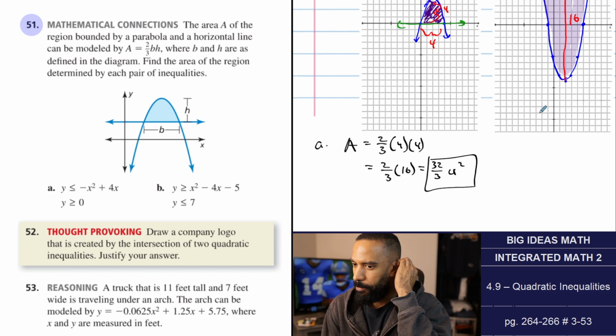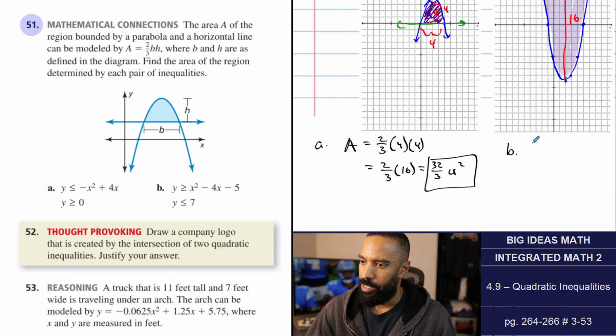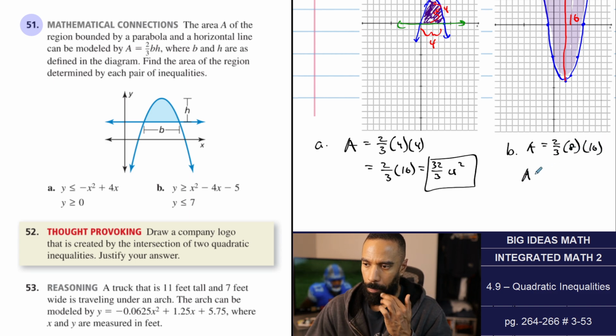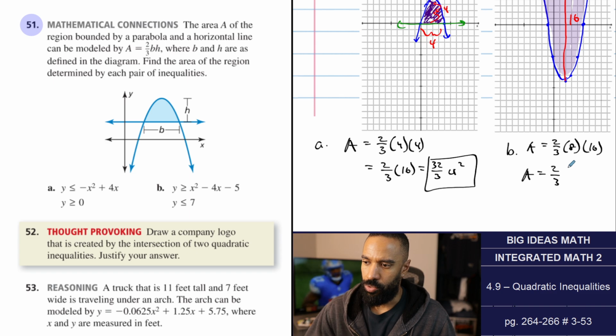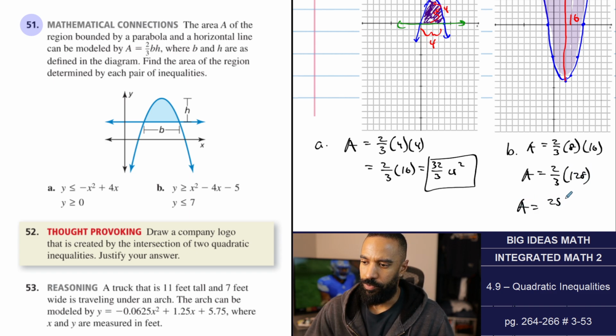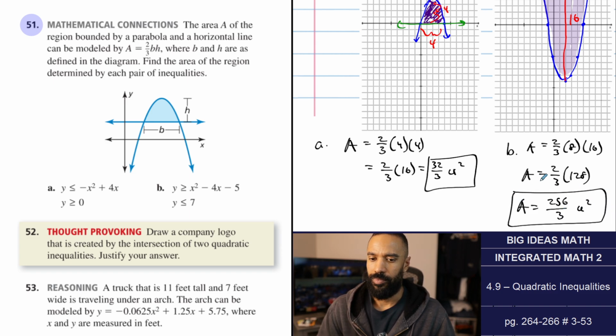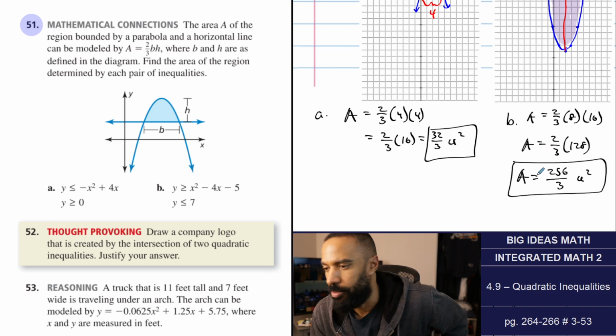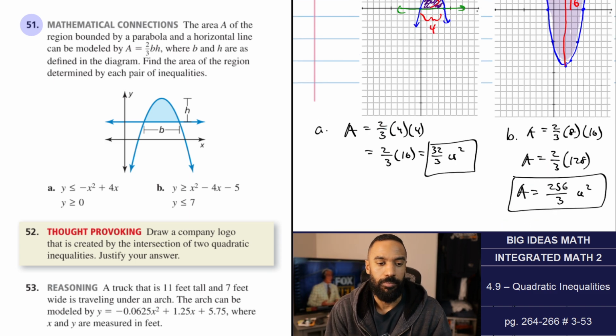So the area is 2/3 base times height, which is 2/3 of 128, which is 256 over 3 square units. I don't know what that is exactly, or it's approximately, but I'll leave it.